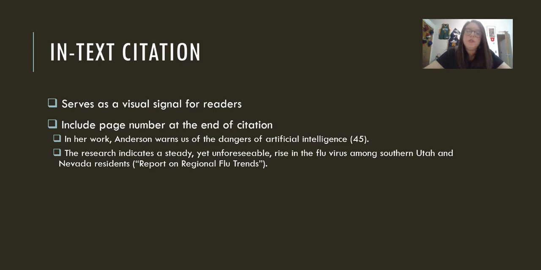So in order to do this properly with MLA, the first thing that we want to turn our attention to is the page number at the end of the citation, including the page number at the end of the citation. So we see here, in her work, so we're introducing the source there, Anderson warns us of the dangers of artificial intelligence. And then we've included the page number that we found that information on and then ended the sentence with a period.